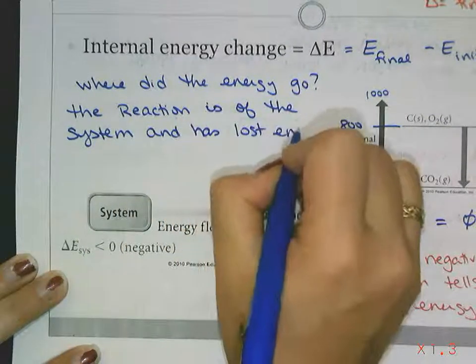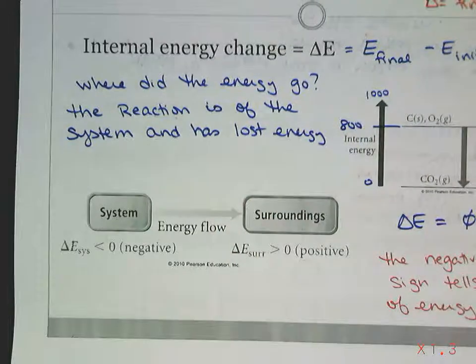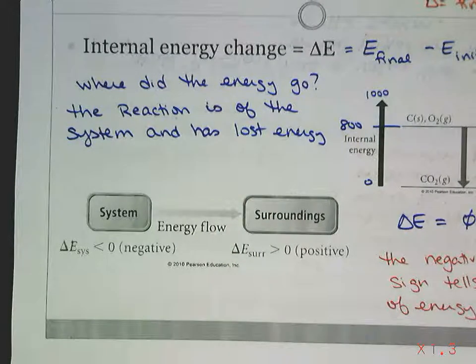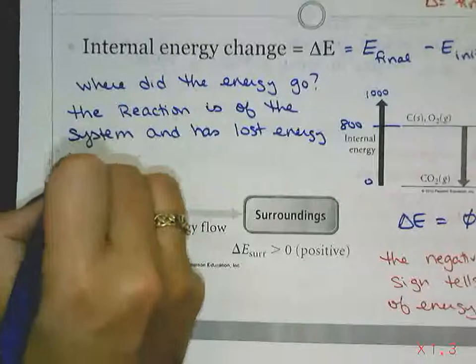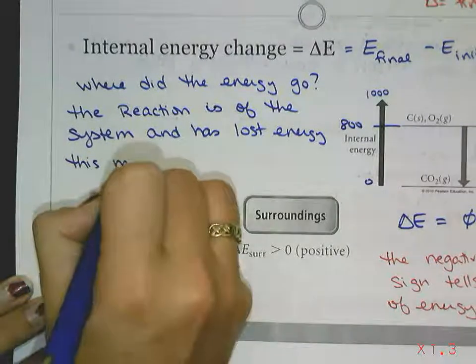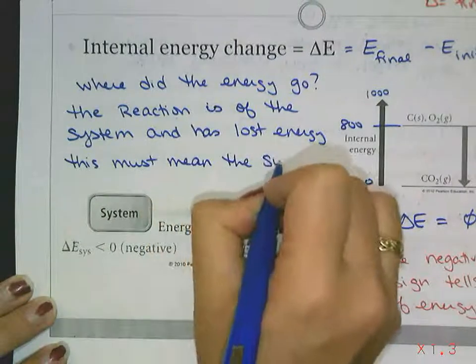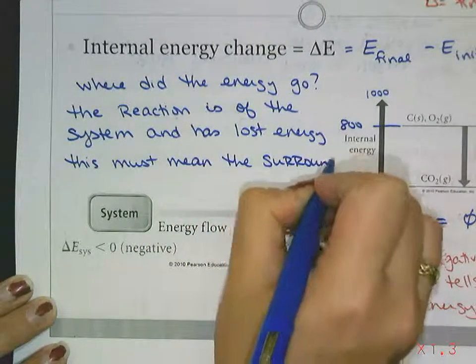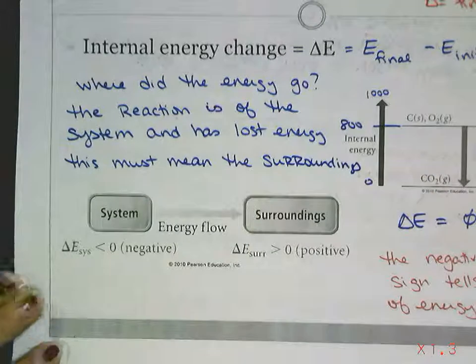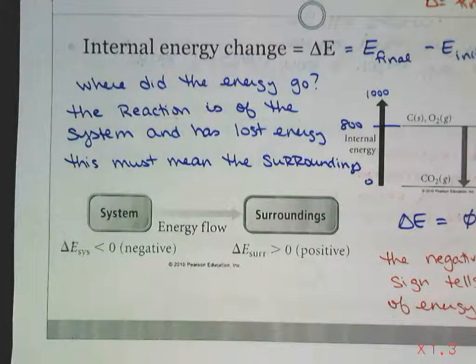And so the system has a negative energy, so it's lost energy. And since the system and the surroundings are always paired together, if the system has lost the energy, the surroundings must have gained the energy.